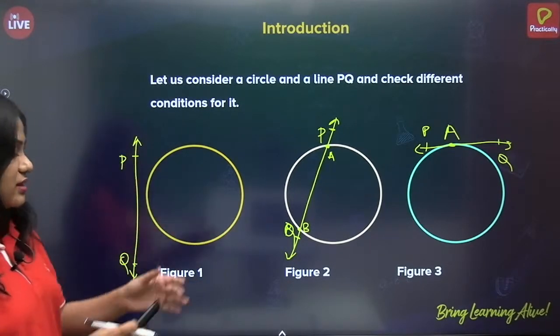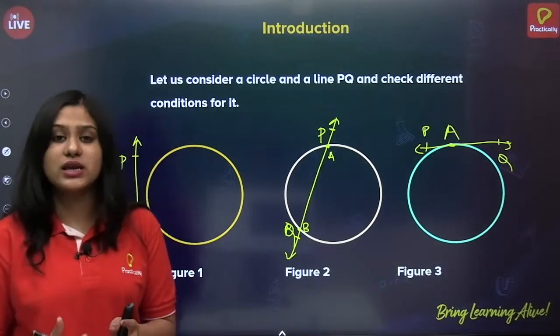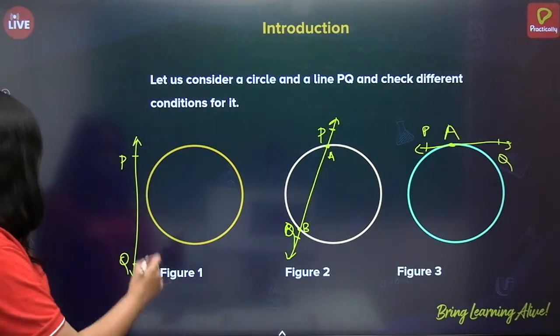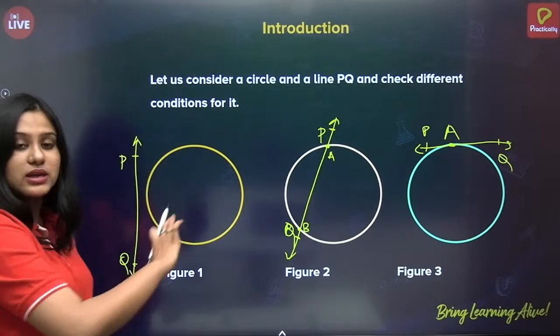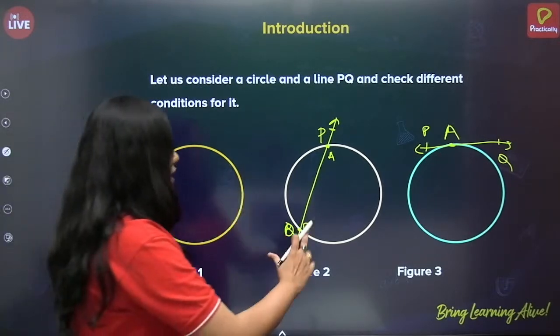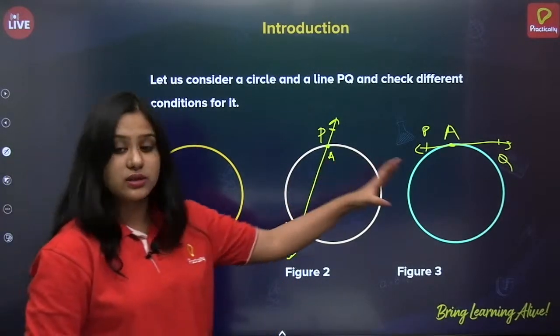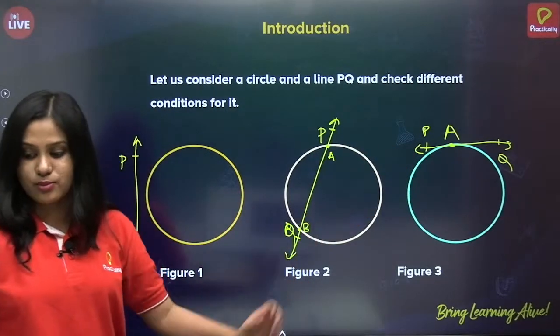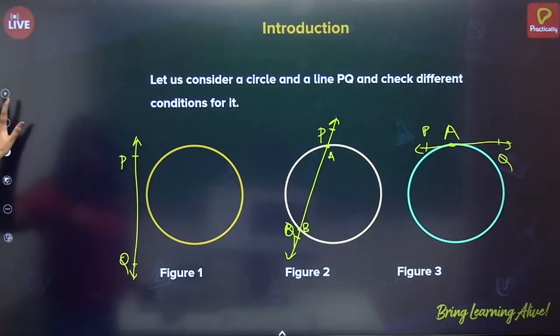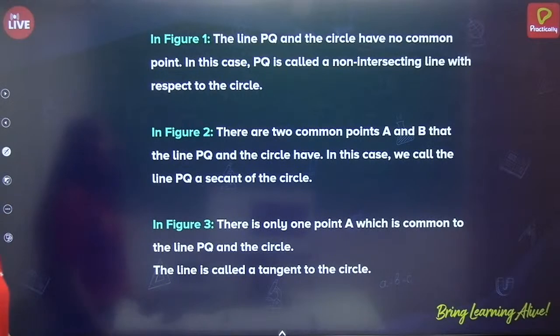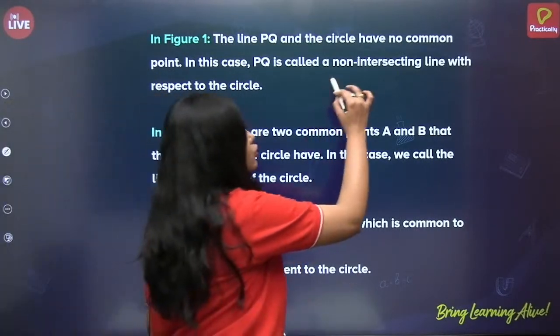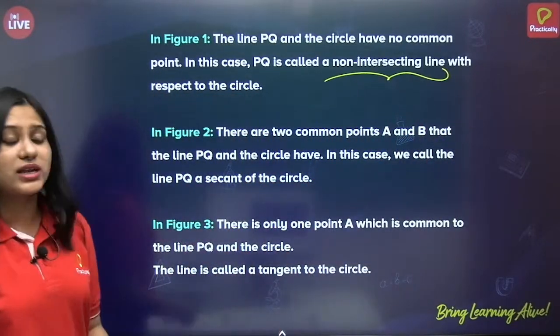So we have seen these three cases, but what do these three cases represent? In figure 1, PQ and the circle have no intersection points. In the second, there are 2 intersecting points, and in the third, there is only 1 intersecting point. Correct? In the first case, it is known as a non-intersecting line with respect to the circle.